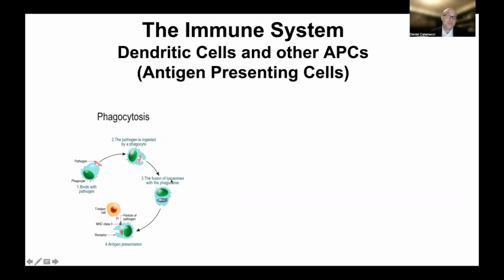In addition to that function of phagocytosis and neutralizing the cancer cell internally, macrophages can also digest these proteins from the cancer cell and express them on their surface. And we're going to go into that in great detail.